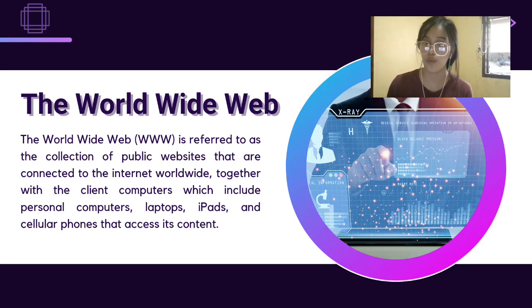So the World Wide Web, or the WWW, is referred to as the collection of public websites that are connected to the internet worldwide together with the client computers, which include personal computers, laptops, iPads, and cellular phones that access its contents.